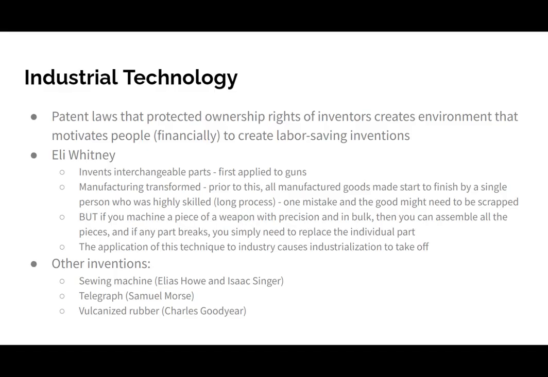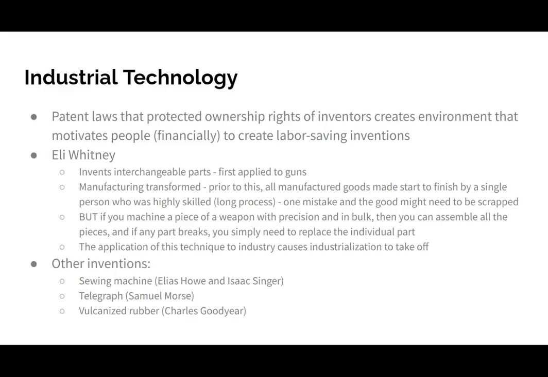And this is really significant because prior to this, manufacturing was completely different. All manufactured goods were made start to finish by a single person who was highly skilled, for example, a gunsmith. Now, this is a very long process. One mistake on the good, like the weapon, for example, and it might need to be scrapped entirely. If you have one thing break on your rifle, it may not work anymore.